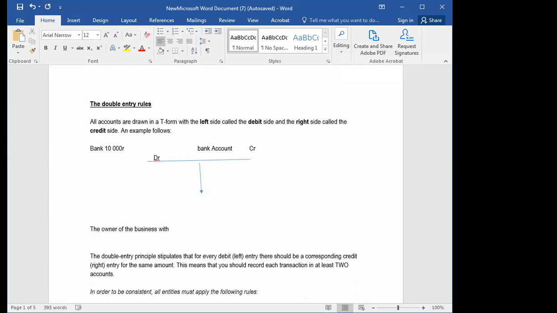Withdraw. How much money? 2,000 rand for personal use. Yes, a transaction. This is a transaction.